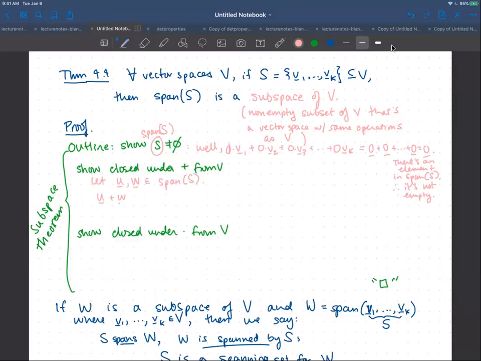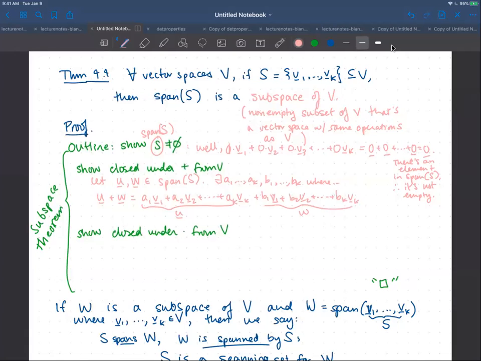U is a span of vectors, so there's going to be A1 and A2 up through AK that are real numbers, where that's my U. So there exist A1 through AK, and also B1 through BK, where this guy is U, and the next one is going to be W: B1 V1 plus B2 V2 plus and so on, plus BK VK.